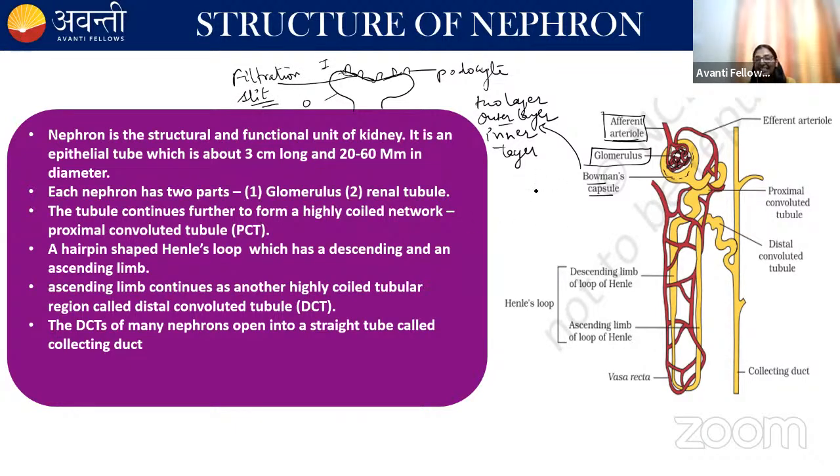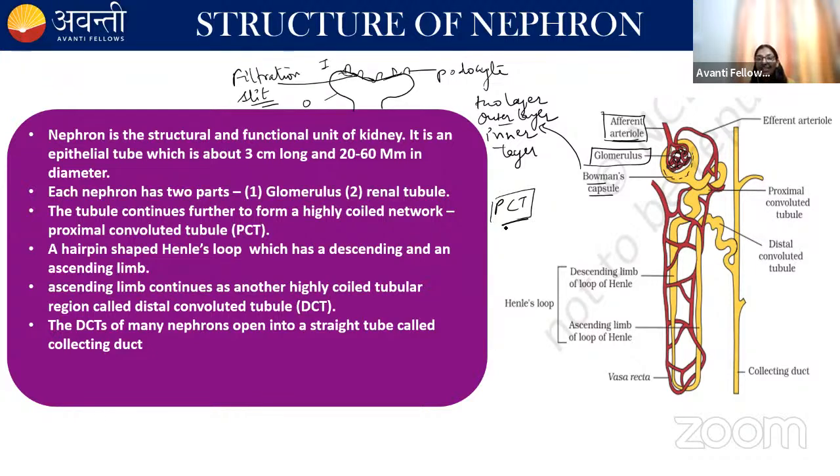Okay, and the second part of the nephron is the renal tubule, which consists of PCT, the proximal convoluted tubule, where the maximum reabsorption, or the essential reabsorption, takes place. By essential, I mean that most of the components are reabsorbed in PCT, like organic molecules such as glucose, amino acids, bicarbonate, water, and electrolytes.